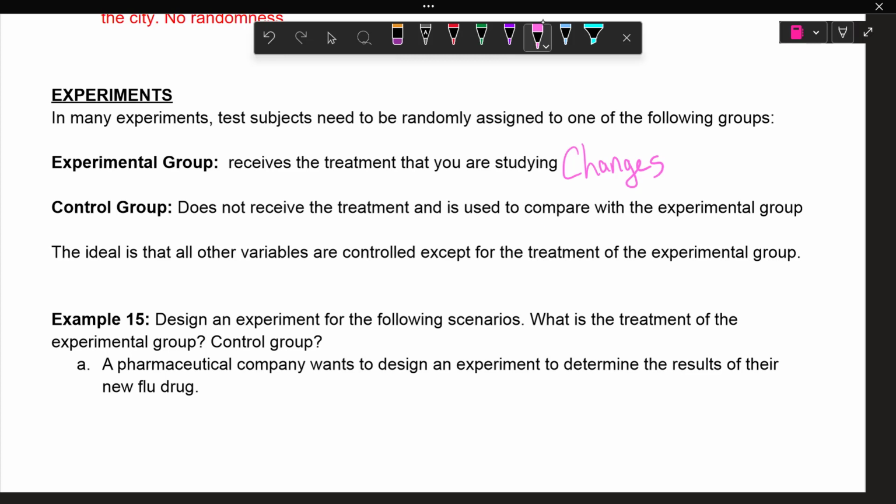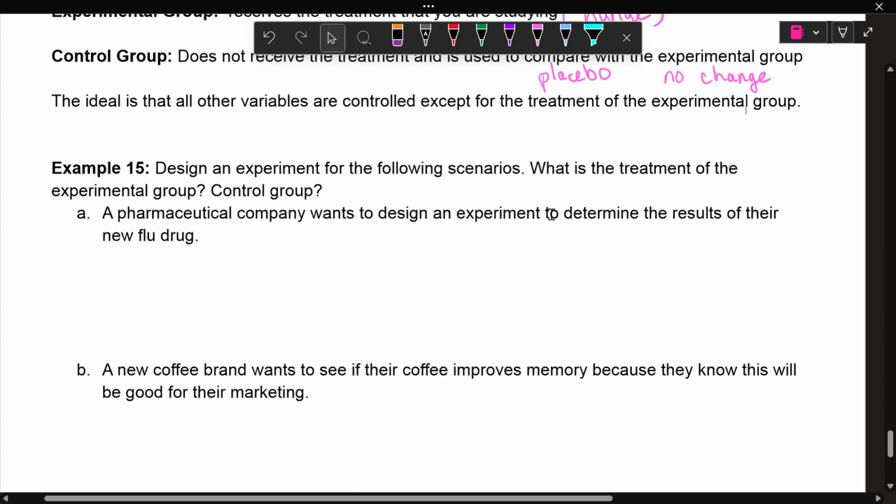The control group would be a placebo or a fake treatment, or common or whatever's already used. So no change. The experimental group, we change something. Control group, we keep the same. Design an experiment for the following scenarios. What is the treatment of the experimental group and control group?